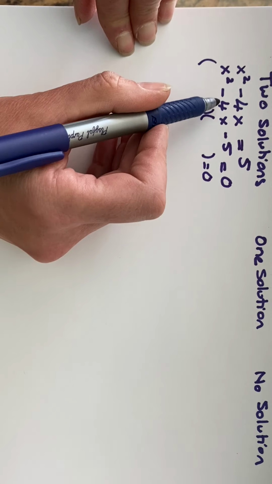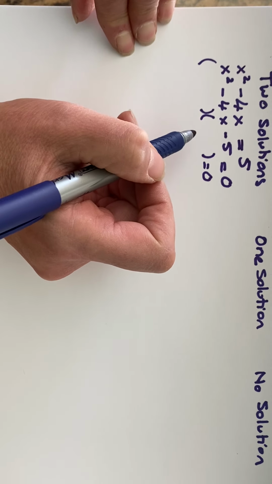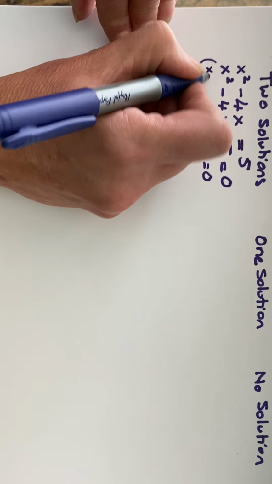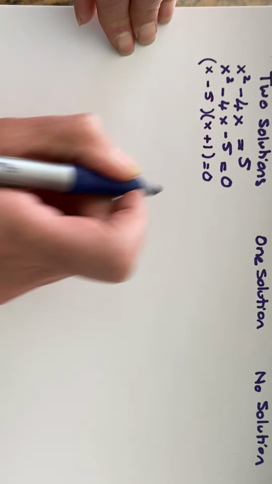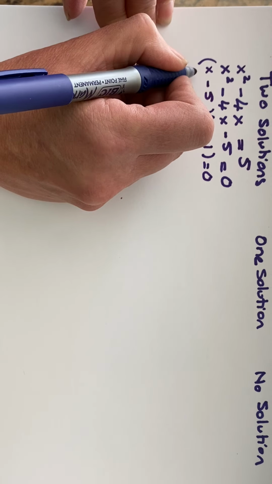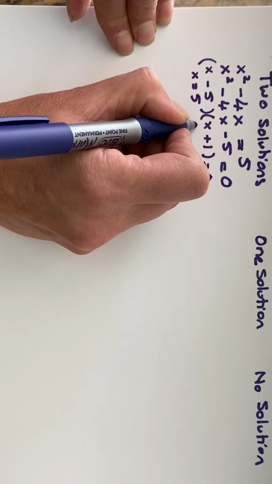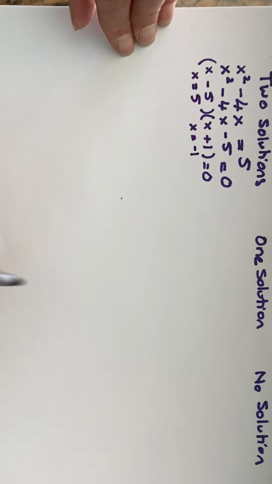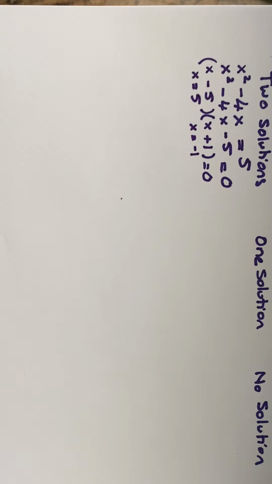And I know they have to add up to -4 in the middle. So I know the bigger number has to be -5. So x minus 5, x plus 1. Well, the good news about this is easy to find my x-intercepts. So I get x equals 5, x equals -1. So right away, I have my x-intercepts.